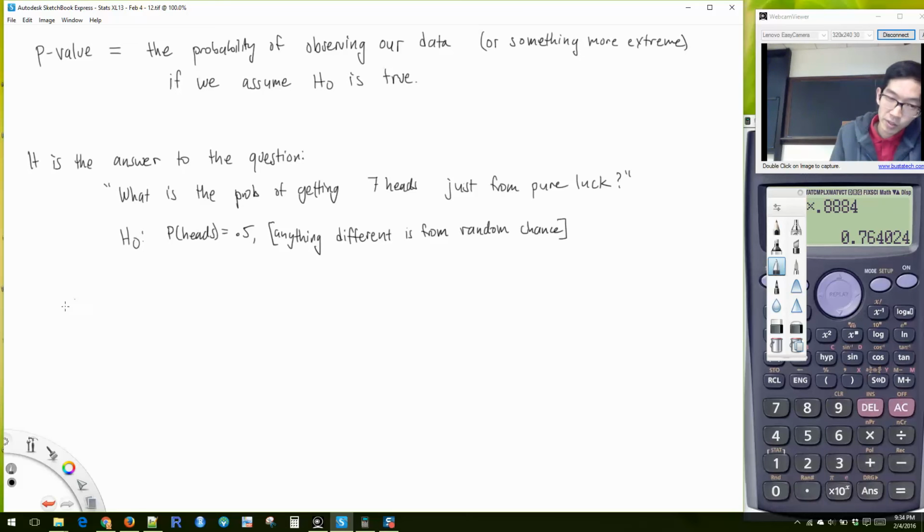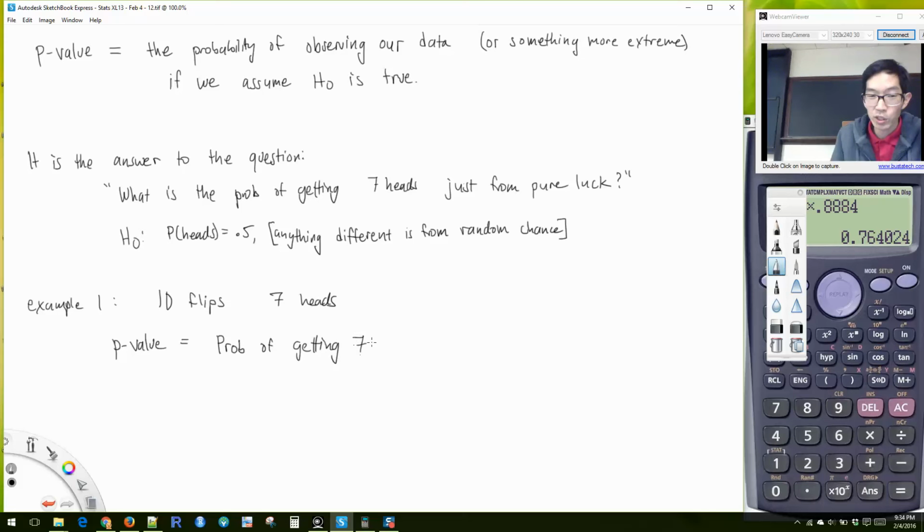And so, for example 1, we have 10 flips and we got 7 heads, okay? So our p-value is equal to the probability of getting 7 heads or something more extreme.